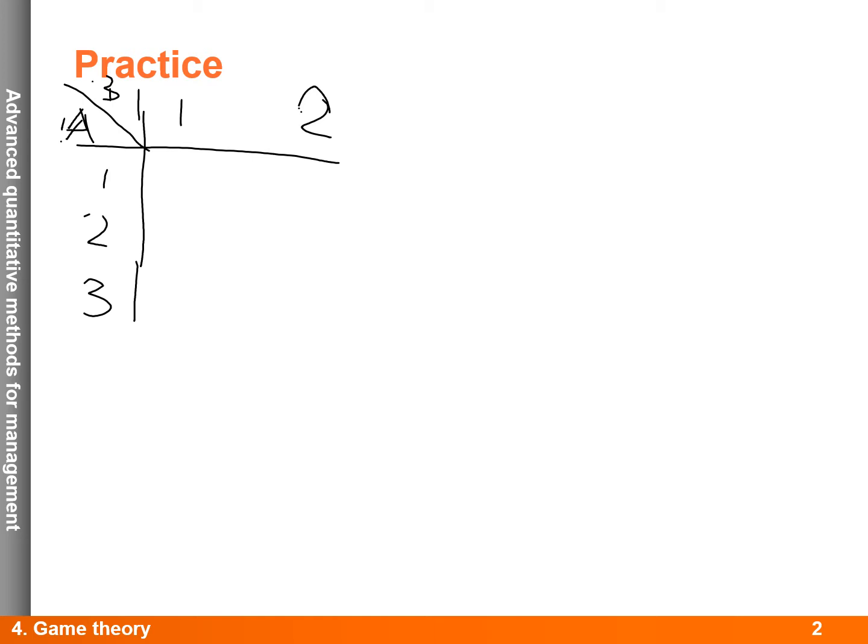The values inside are minus 200, 200, minus 100, 300, 100, and 200.